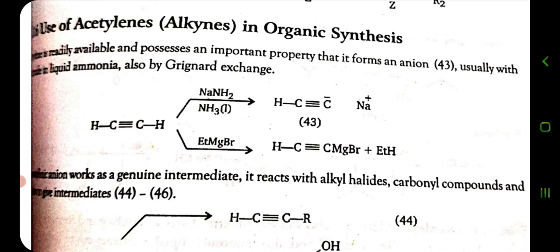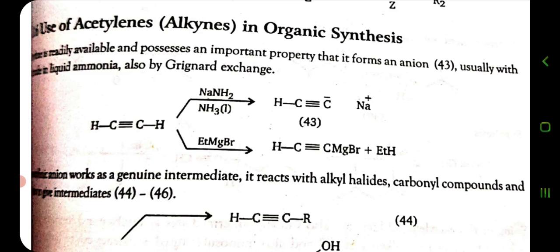In organic synthesis, acetylenes or alkynes can be used as follows. Acetylene is readily available and possesses an important property: it forms an anion, usually with sodamide in liquid ammonia, also by Grignard exchange.